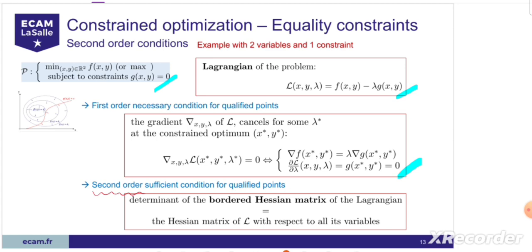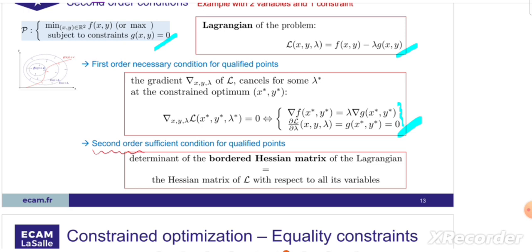If you've got unqualified points, you should study them separately, and then either you just compare the values you get for the solutions of these first order conditions, or you can use a second order condition, which is going to be on what's called the bordered Hessian matrix of the Lagrangian, which looks a lot like the Hessian matrix of the Lagrangian with respect to all its variables.